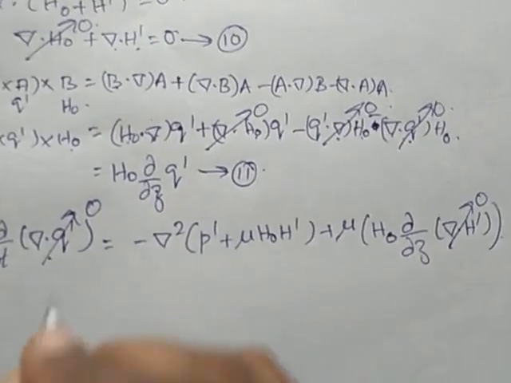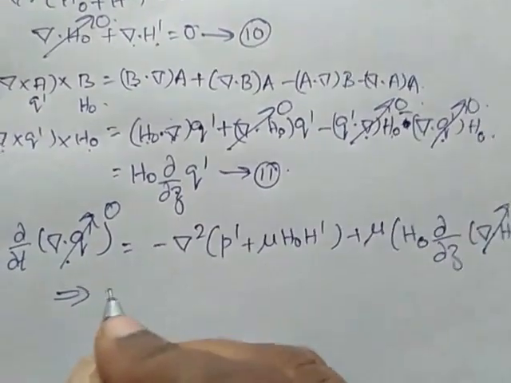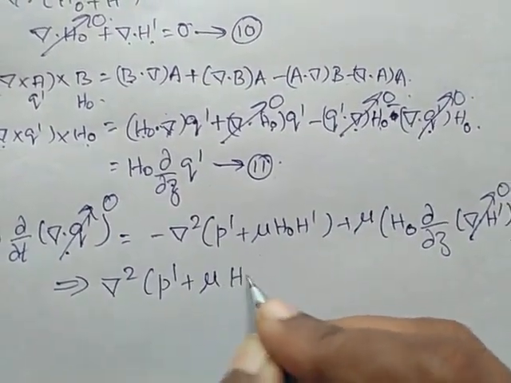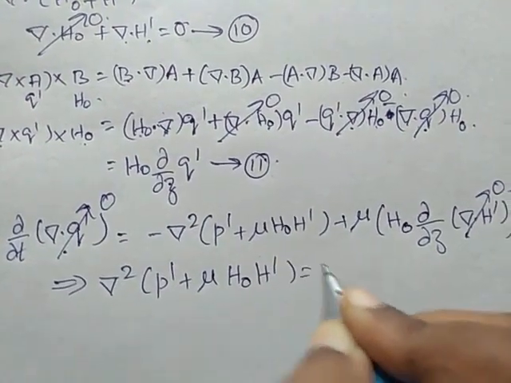From this equation we can conclude that ∇²(P' plus μH₀H') is 0.